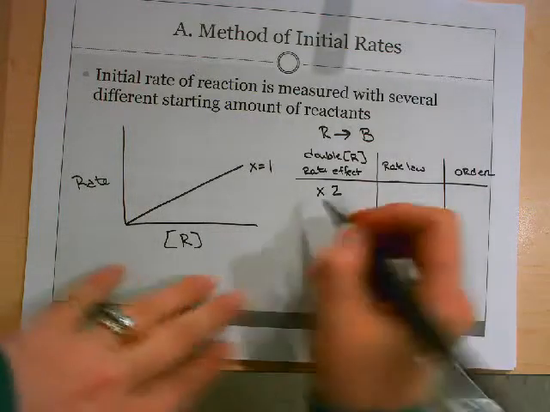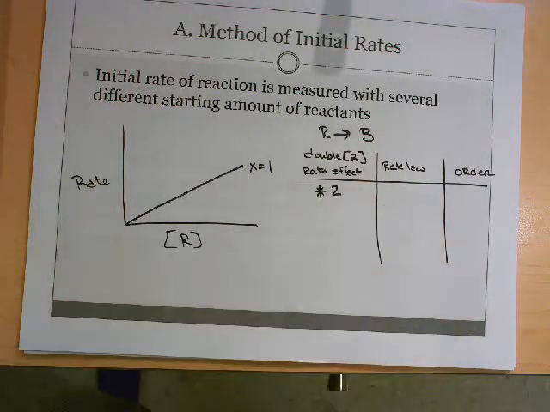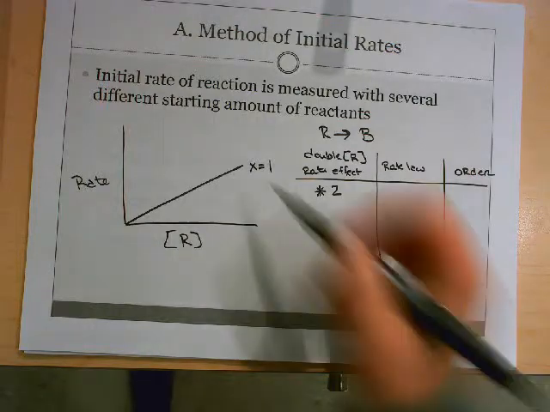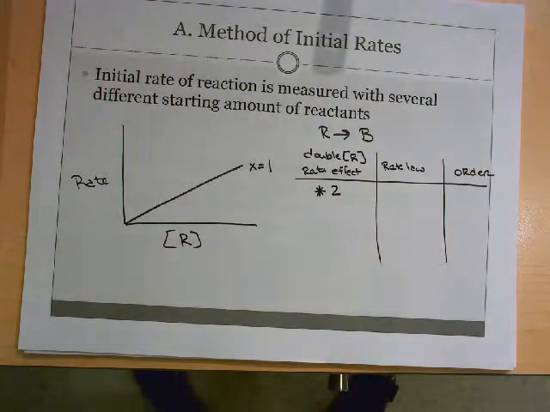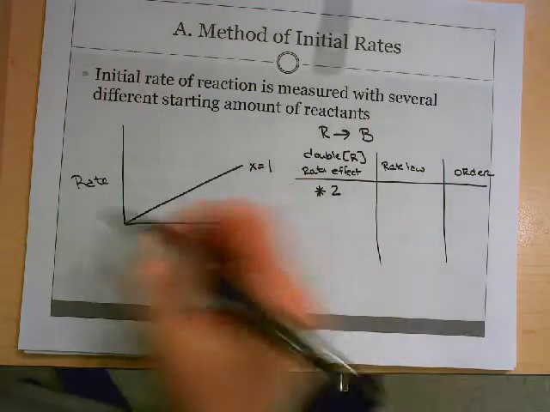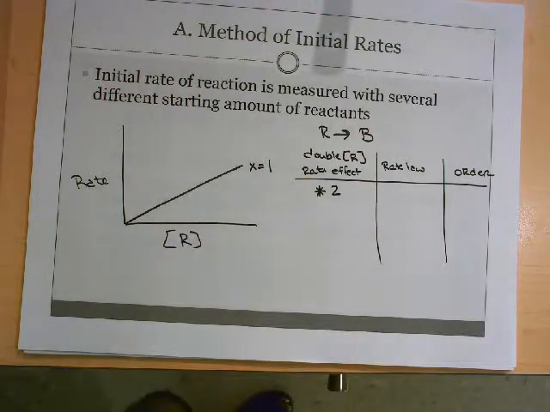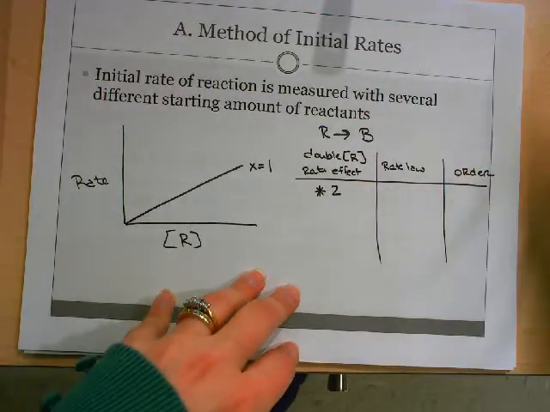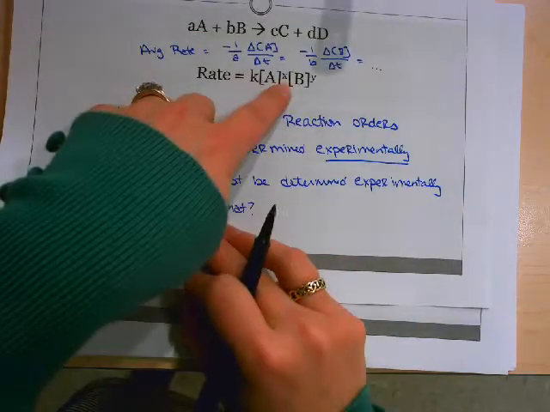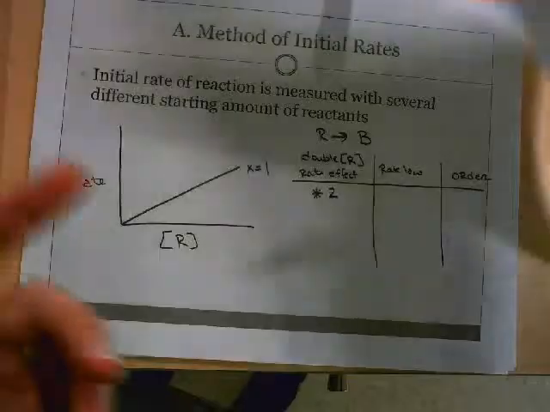This could be confusing. I just make this a star. It means multiplied by 2, not x. I'm going to use x over here. So if I double the reactant concentration, the rate doubles. It's a nice straight, linear line, which means my exponent in my rate equation must be 1.